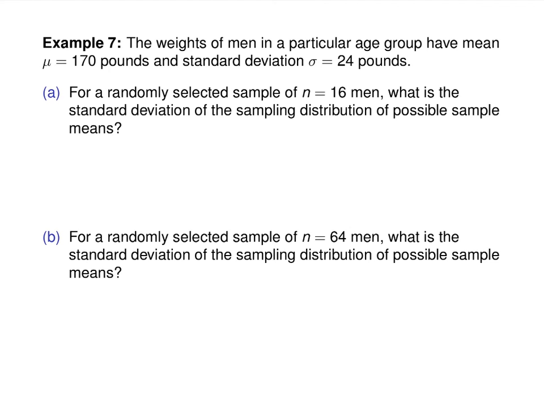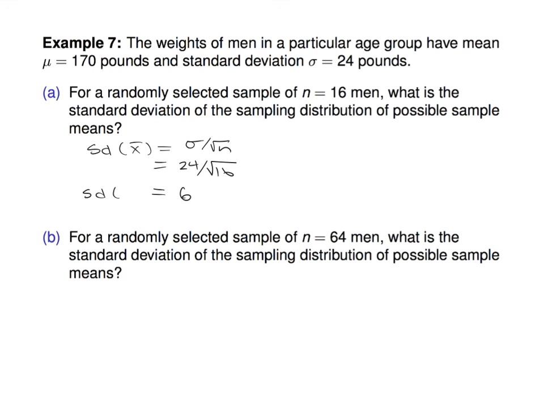If you select a random sample of 16 men, what is the standard deviation of the sampling distribution of possible sample means? How much variability are you going to see in the averages in those groups of 16? So the standard deviation of x bar is equal to sigma over square root of n, which is 24 over root 16, which is 4. So 24 divided by 4 is equal to 6.